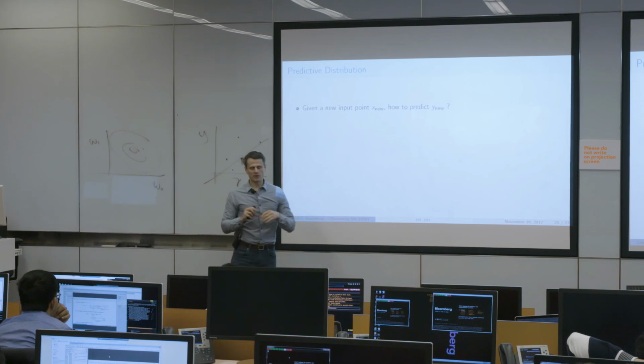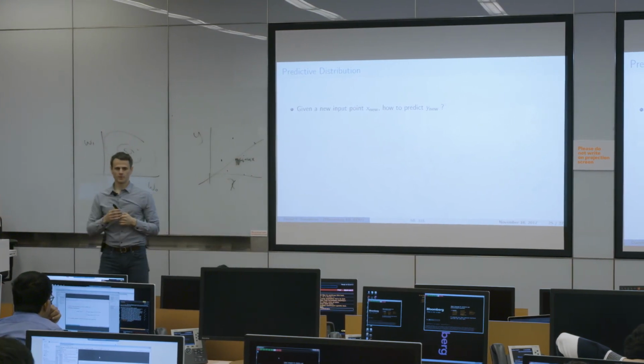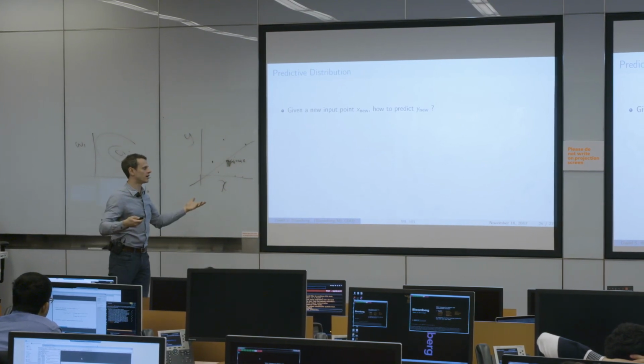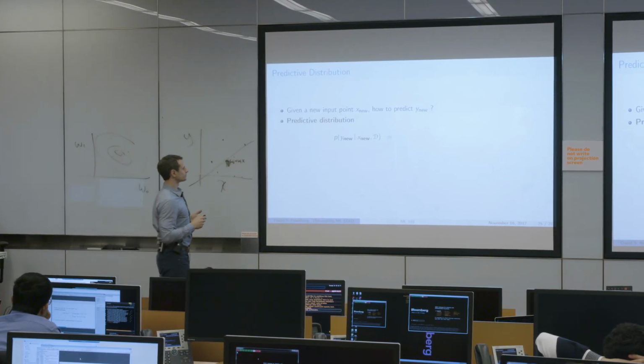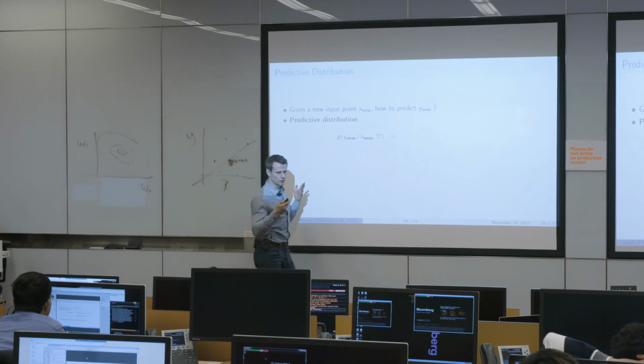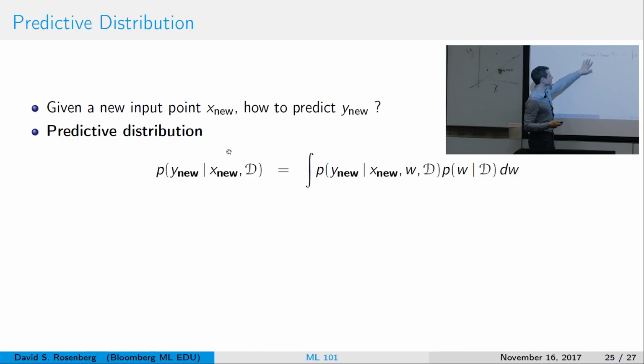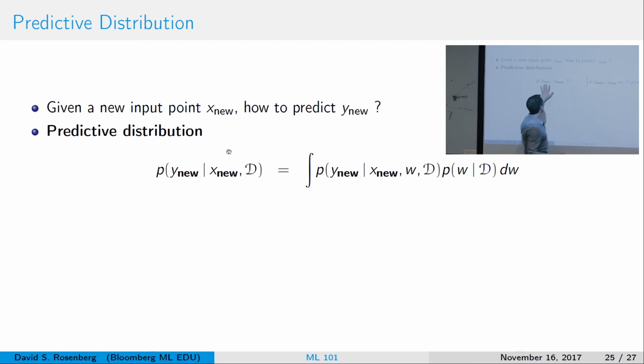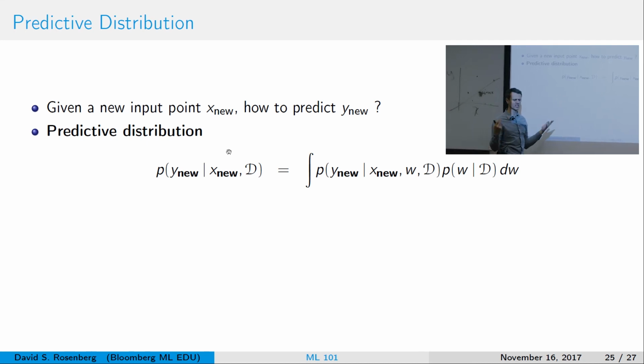OK, and now we come to the predictive distribution again. This is about, given a new input point x, how do we come up with a distribution on y? We can just work our Bayes rule. We don't want to have to choose a particular w. Choosing a w and plugging it in would be our frequentist approach. We get a point estimator for w, and then make predictions based on that. But in Bayesian statistics, we don't want to do that.